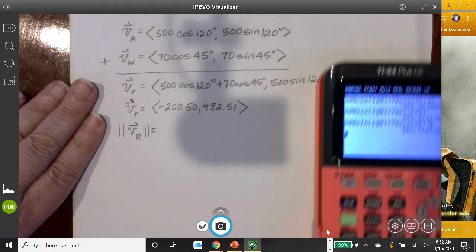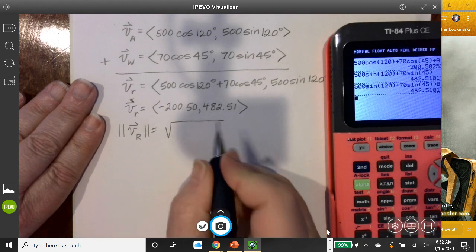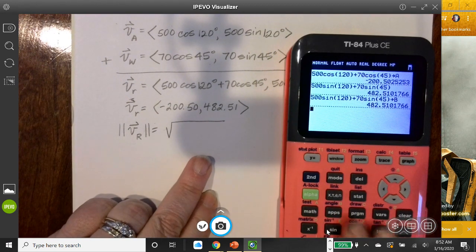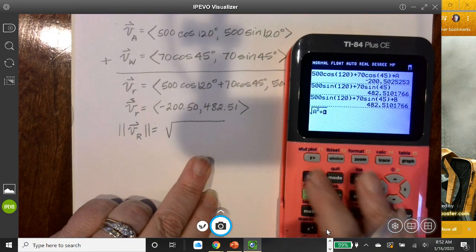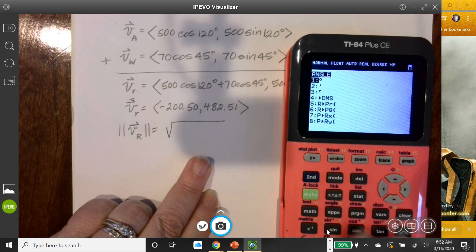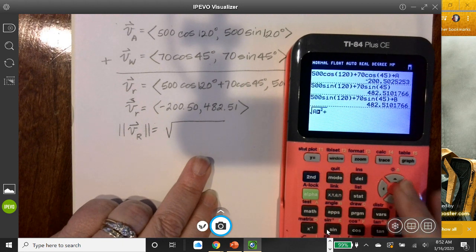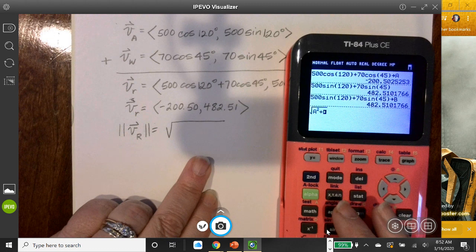Okay, so now we're going to do the square root of a squared plus b squared. Second square root, alpha A squared plus alpha B squared. You know, you just get off track and then I just got to let it go.